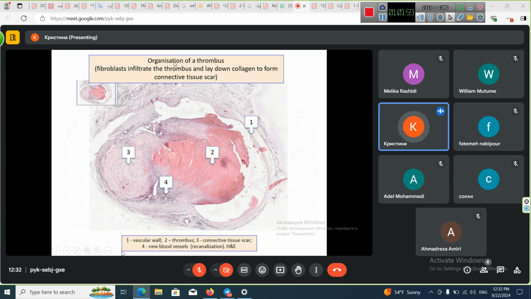Here we see organization of a thrombus. It is one of the possible outcomes of thrombosis. Organization means the growth of connective tissue into the thrombus. What we see here, number one is for the wall of this blood vessel.